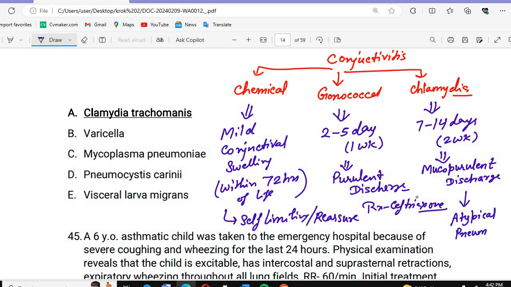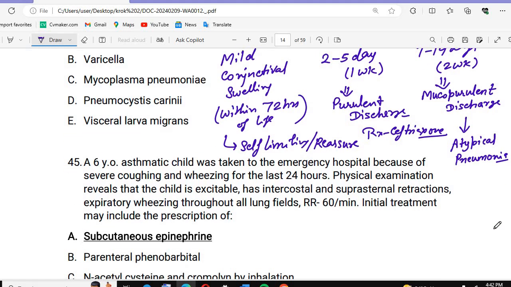Don't worry about typical and atypical; just remember that there is an atypical pneumonia. And what treatment will we give in these conditions? We will give oral erythromycin. Okay, I hope this is clear.